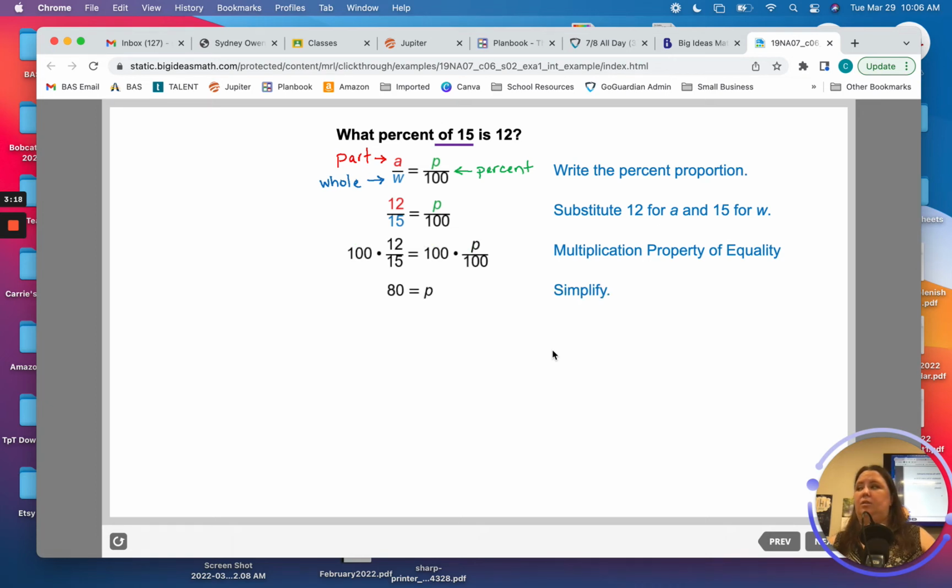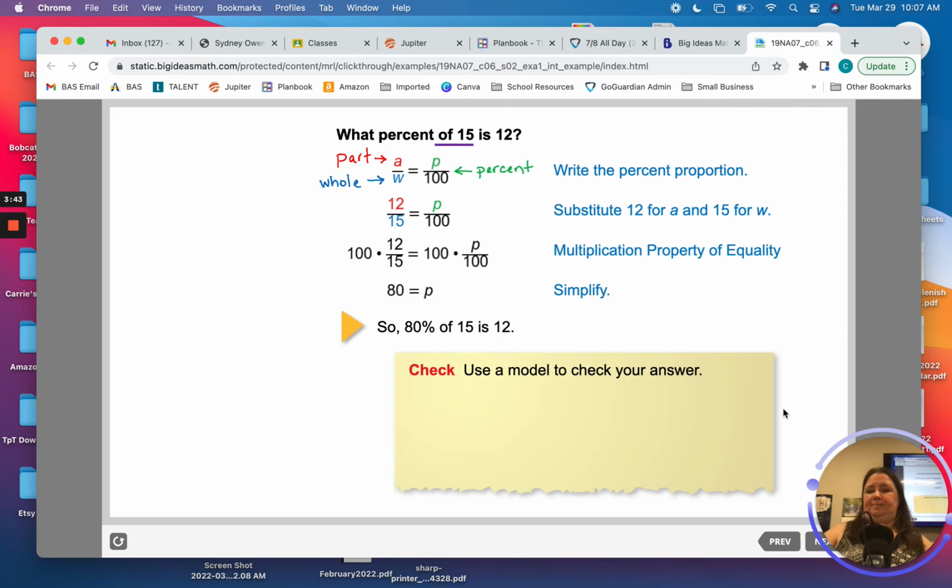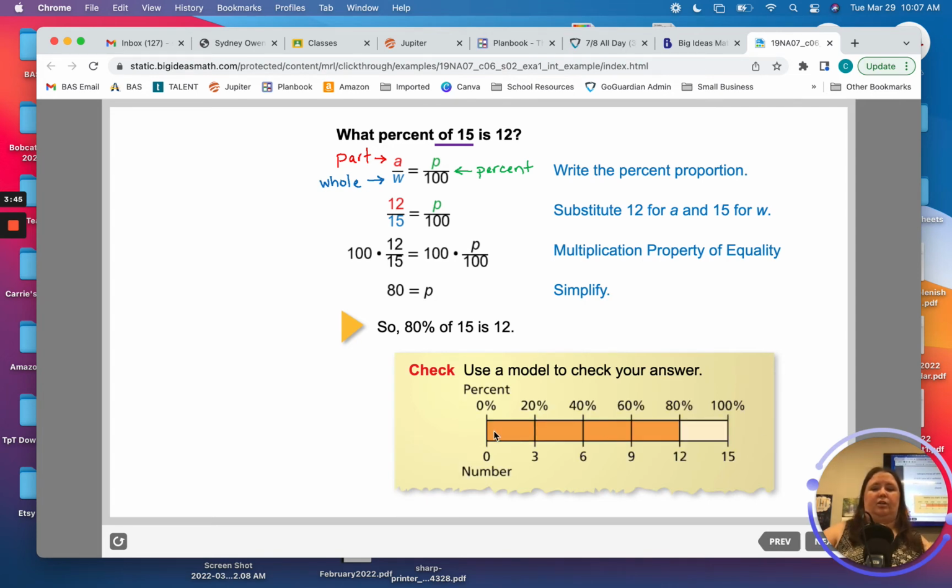So P equals 80. Change that to a percentage: 80%. So 80% of 15 is 12. If they ask you what percentage of 15 is the number 12, you would say 80%. Any questions? If you wanted to check it, you could sketch the model out, and it goes by threes.